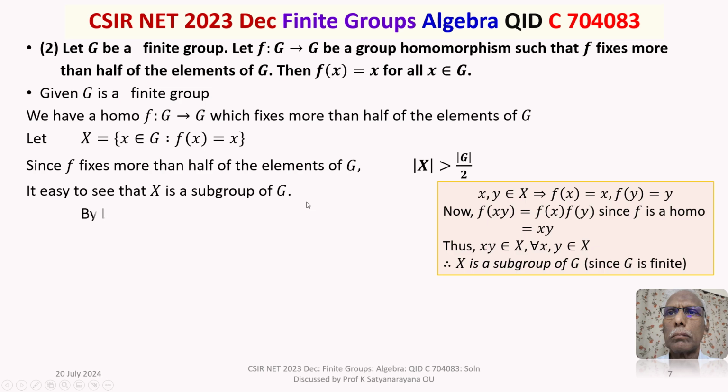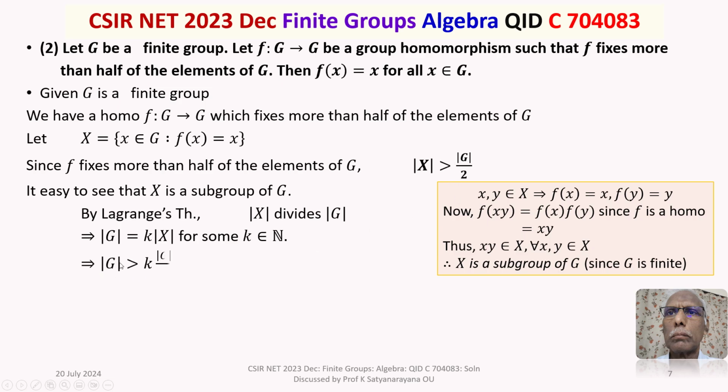When X is a subgroup of G, we apply Lagrange's theorem. Then the order of X divides order of G. Therefore, order of G is equal to some k times order of X for some positive integer k. Right. But order of X is greater than order of G by 2. Therefore, order of G is greater than k times order of G by 2.